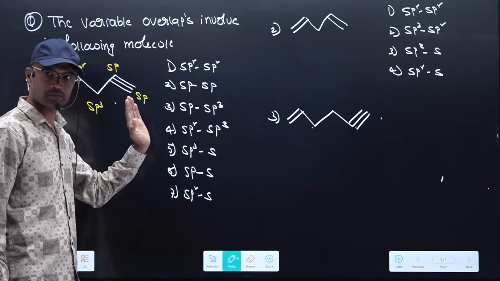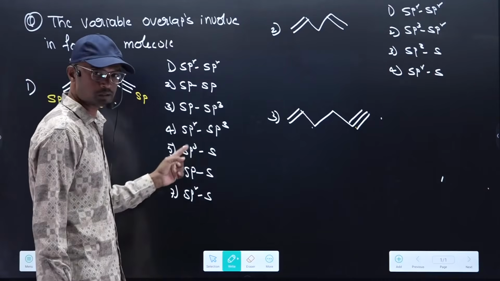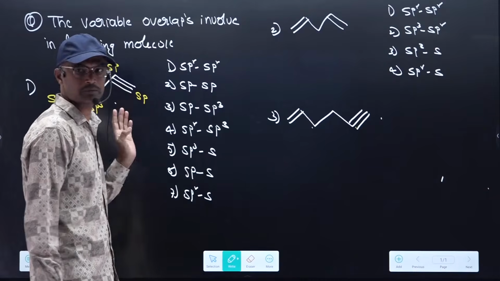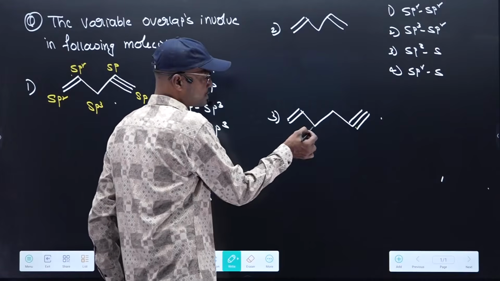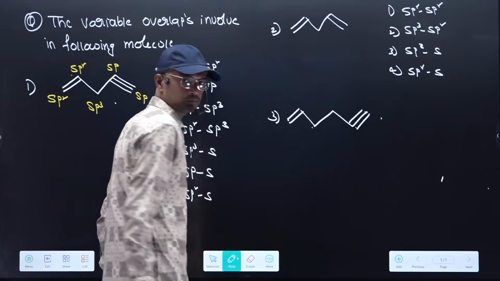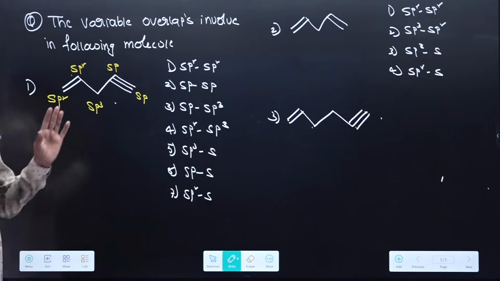Additionally sp3-sp3. Clear? Then remaining 3 are common: sp3-s, sp2-s, sp-s. Total 8. Mostly they won't ask the total number of overlaps. They will ask different overlaps that exist in a given molecule.